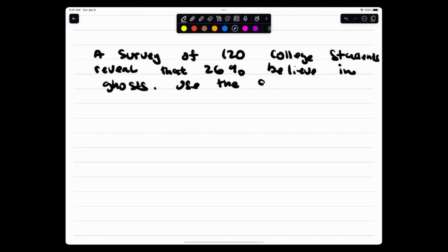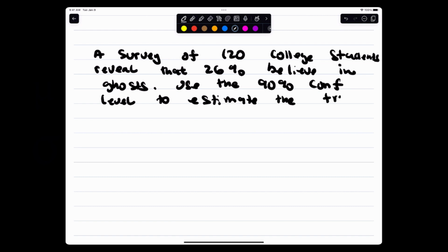Use the 90% confidence level to estimate the true what? Proportion. So I'm going to give you guys a few minutes here to do this on your own, and we'll see what you guys get, okay?